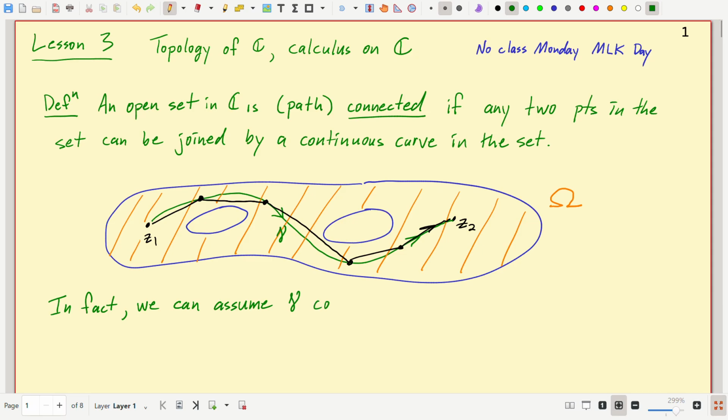Gamma connecting Z1 to Z2 in omega is C1 smooth. So it can have corners, piecewise C1 smooth.